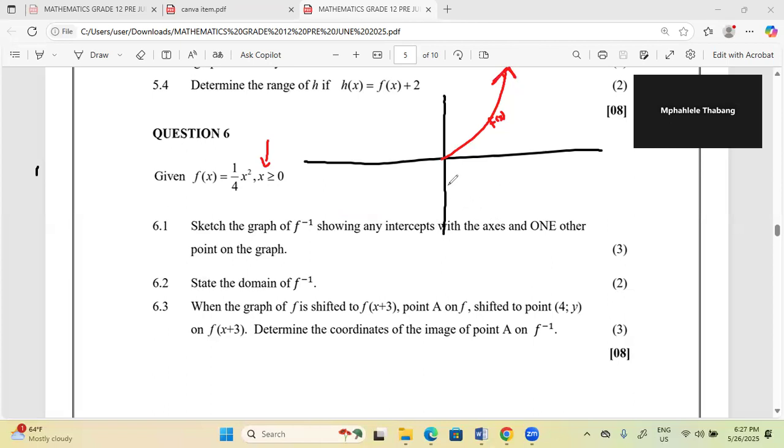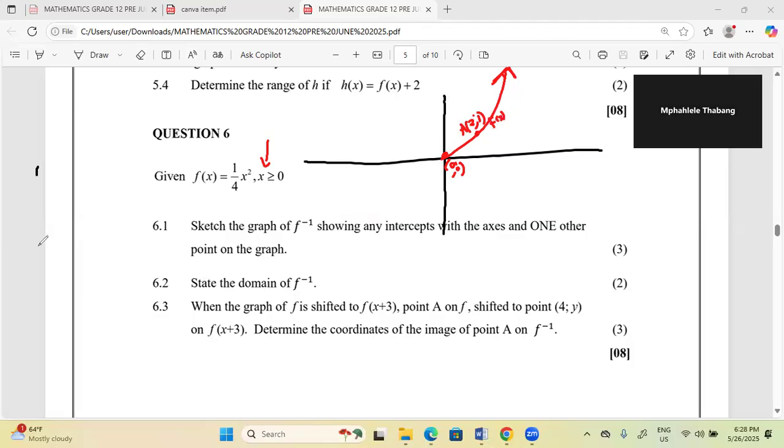Remember, I had a point here, it's 0 and 0, and I also showed one point, I just call it point A, and I noticed that it was 2 and 1. So this is my graph of f of x.